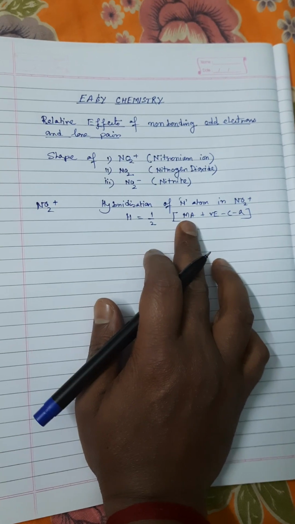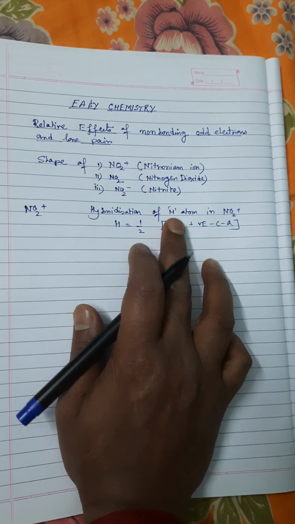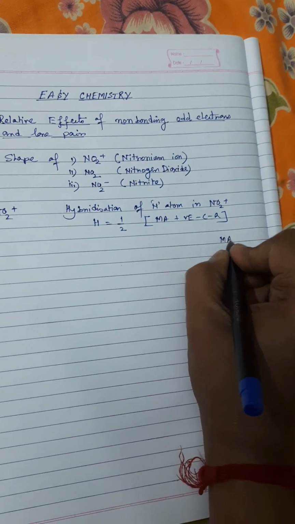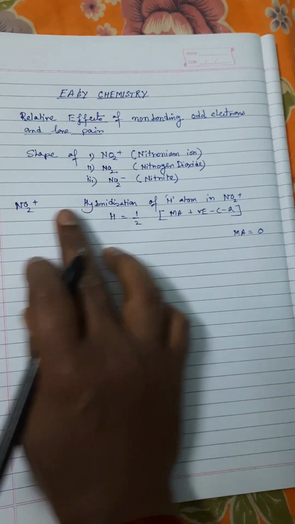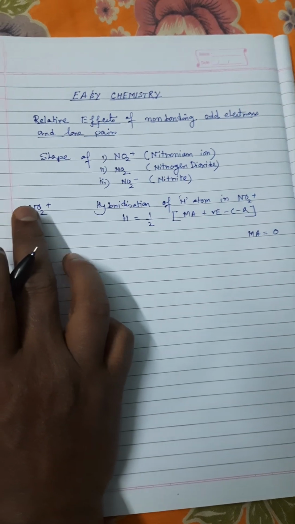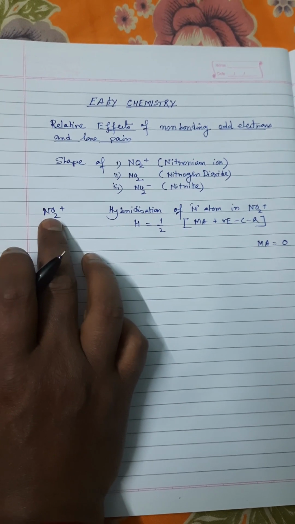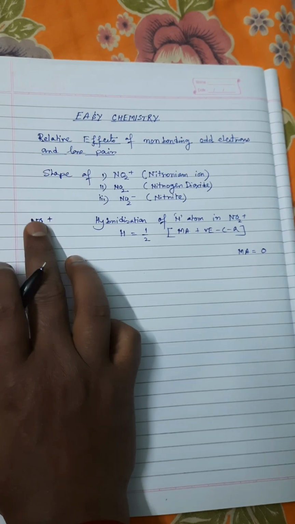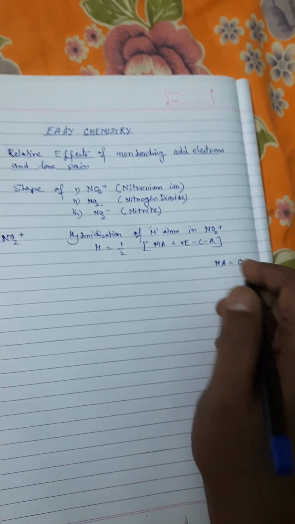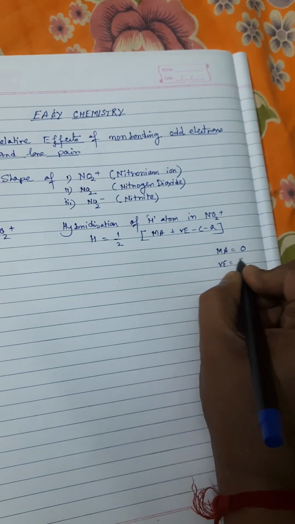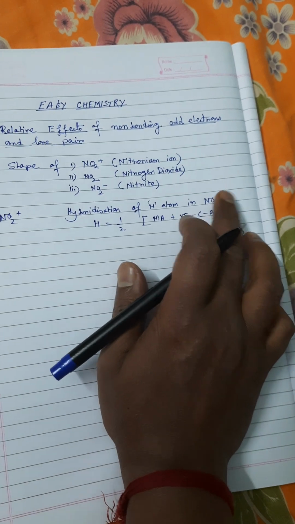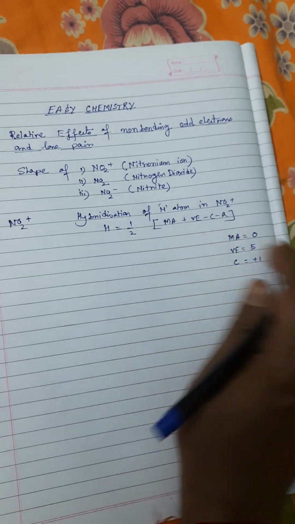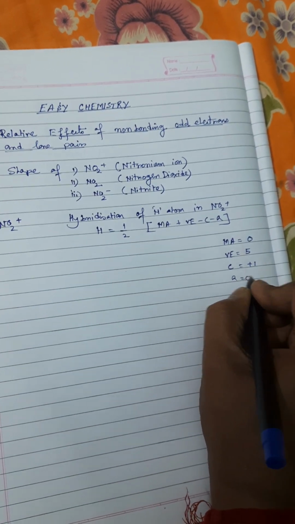What is Ma? Ma is the number of monovalent atoms around the central atom, that is nitrogen. Here the number of monovalent atoms around nitrogen is 0, because nitrogen is surrounded by two oxygen atoms, which are divalent. The number of valence electrons of nitrogen is 5, and the species is a cation, so the charge of the cation is plus 1, and A should be 0 because this is not an anion.